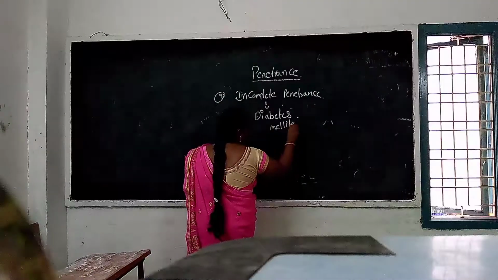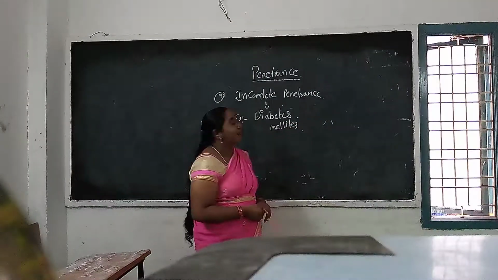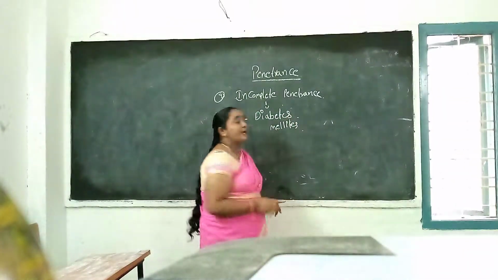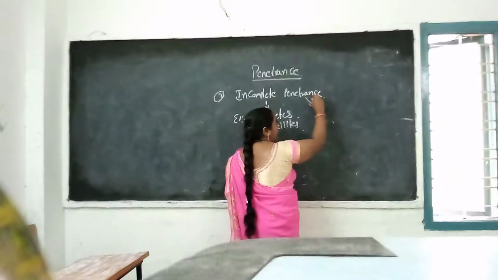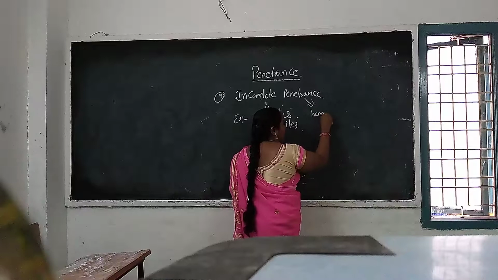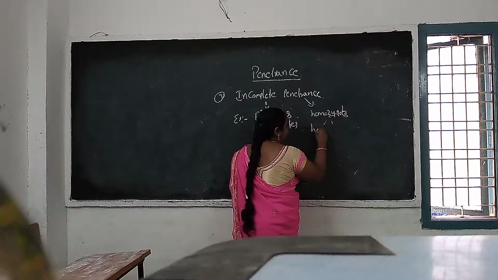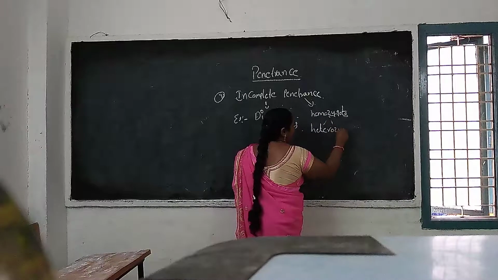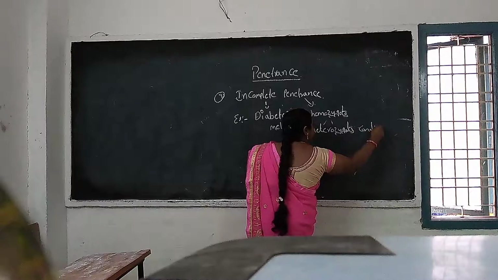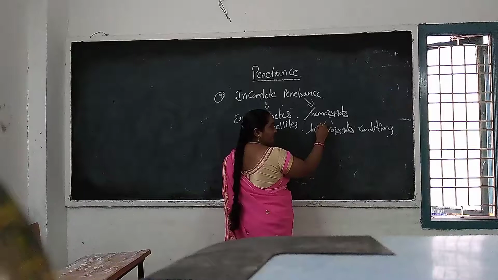Incomplete penetrance is the analysis of genes acting on both homozygote conditions and heterozygote conditions.